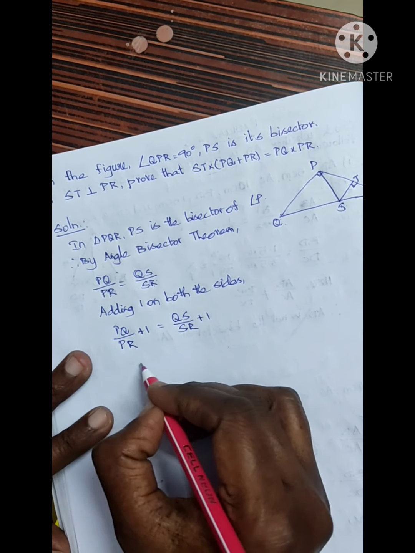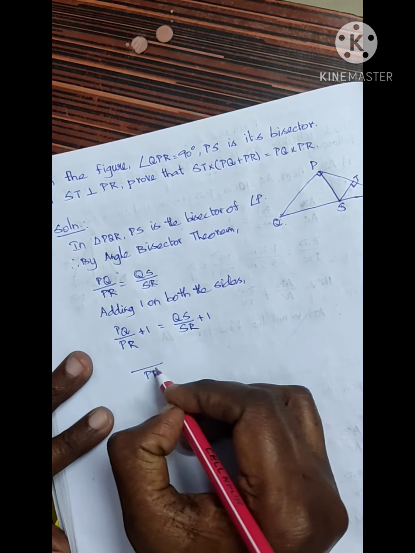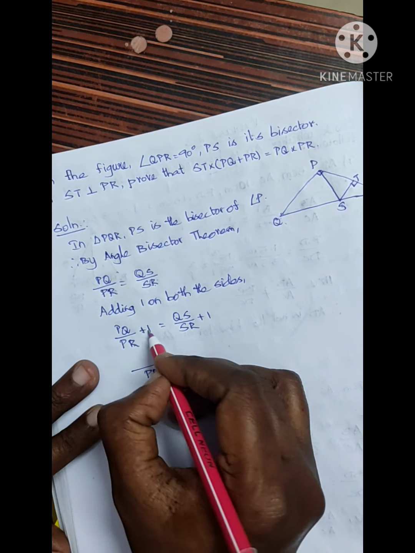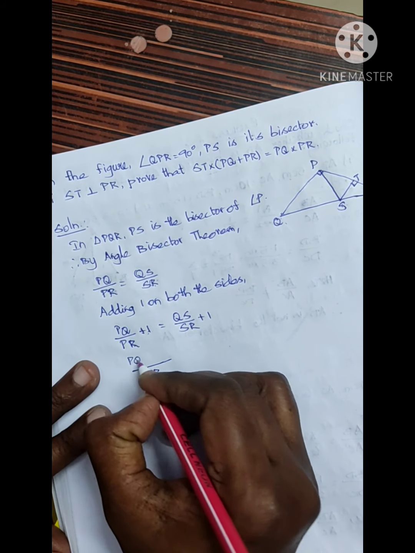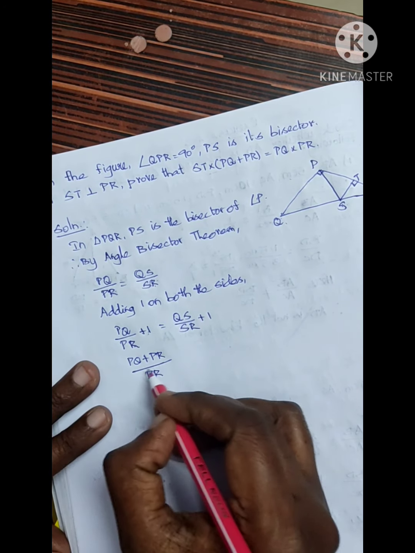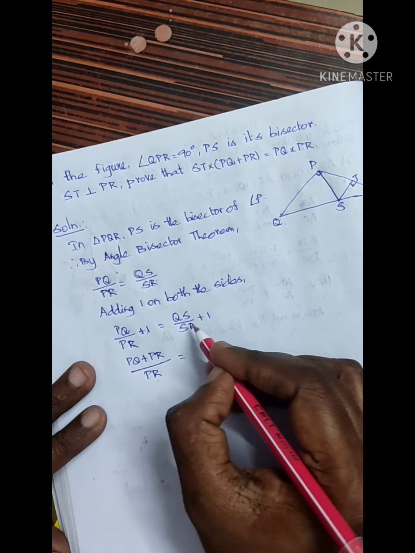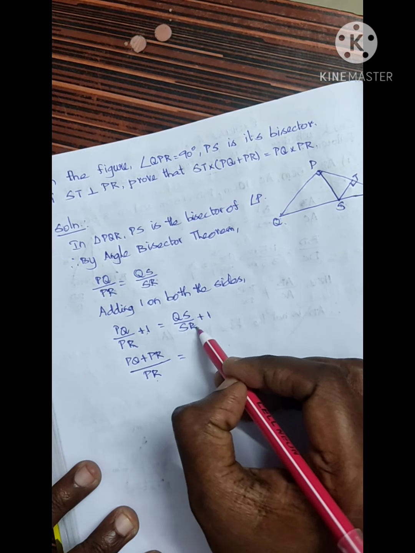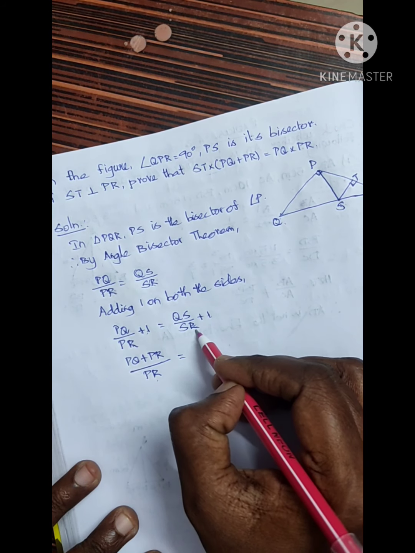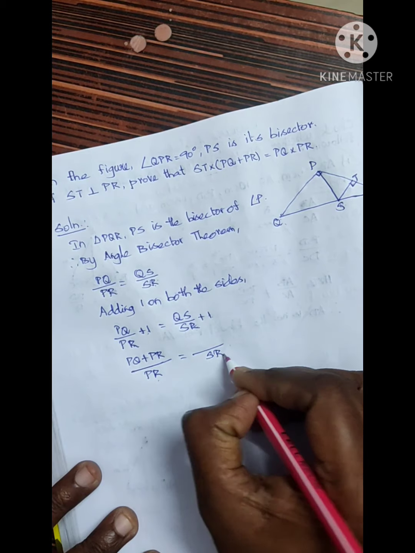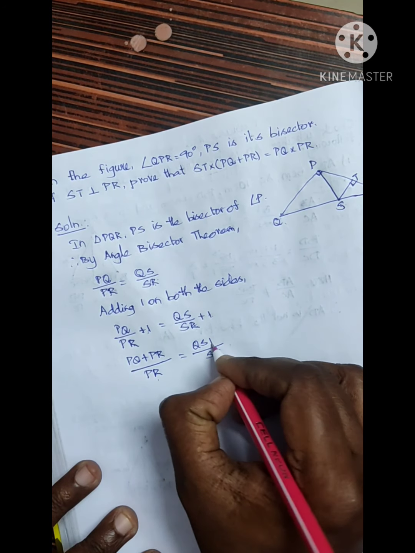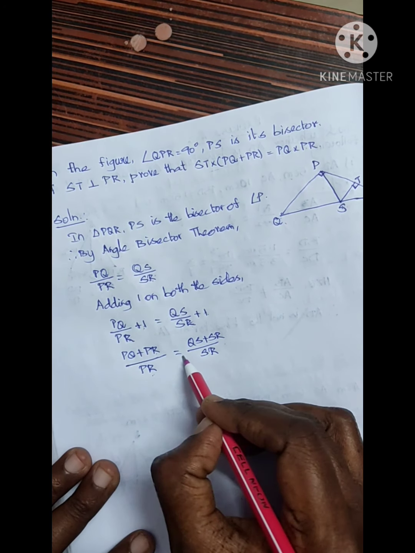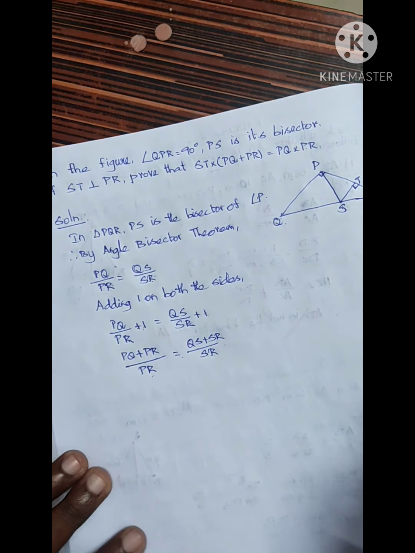That is, here the LCM is PR and in the numerator we have PQ plus, cross multiply, PR. So PQ plus PR by PR equal to, similarly here also we got QS plus SR, and in the denominator we have SR. So PQ plus PR by PR equal to QS plus SR by SR.